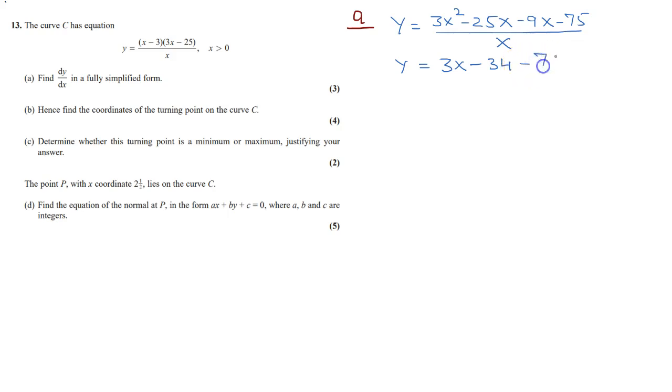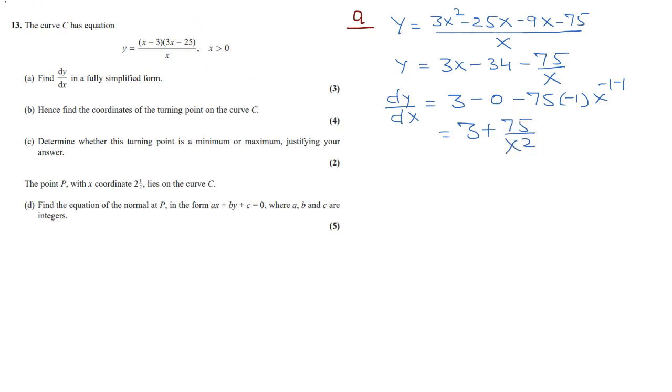Then plus 75 over x. We have divided it, so now it's easy to find dy over dx. Differentiating 3x gives 3, minus 34 gives 0, and 75 over x is 75 x to the power minus 1, so it becomes minus 1 times 75 x to the power minus 1 minus 1. So it will be 3 minus minus plus 75 over x square. So that is the dy over dx.